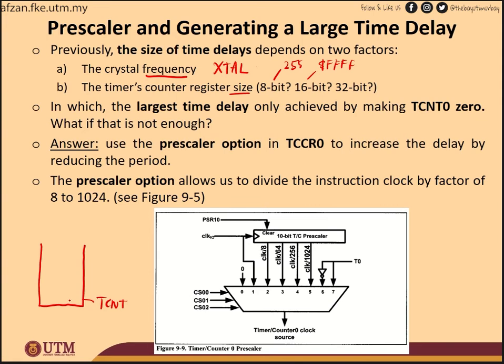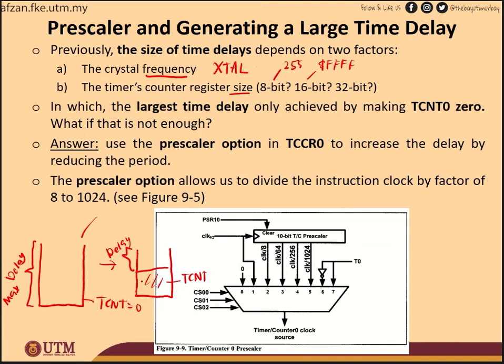Suppose you have a bottle, and this is your TCNT, and this is the delay you generate. This is the maximum delay because you empty your bottle, which means you put TCNT equal to 0, and then you put the water, and this is the delay that you generate after the water overflows.